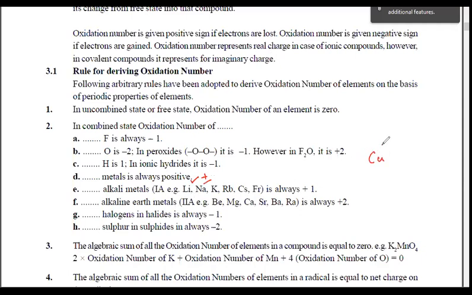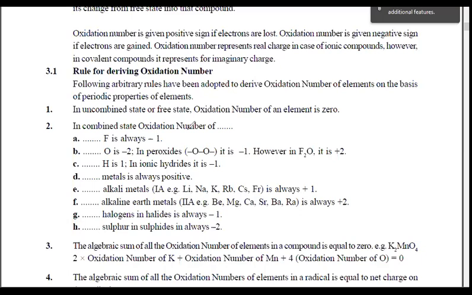Have you ever heard of CO2 minus? No, right? So metals are always positive. The oxidation number of metal is always positive. It might be 0 in neutral state, but it will not be negative.